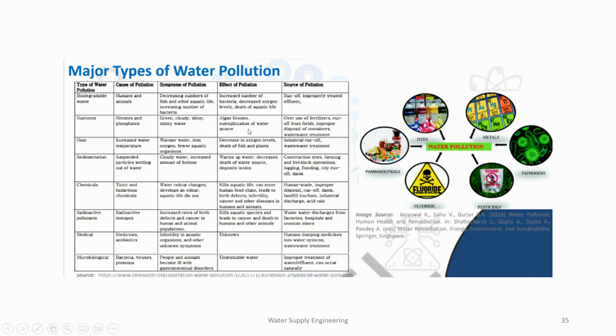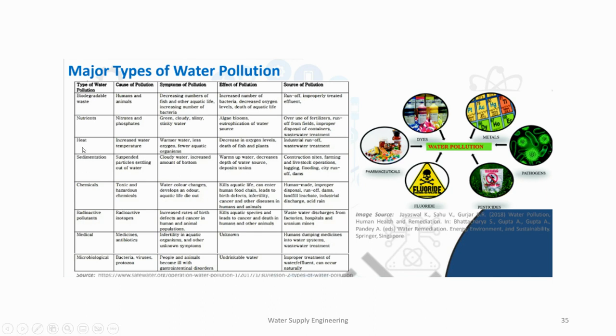This will lead to the growth of algae blooms, leading to eutrophication of the water source. As we saw earlier, this is primarily due to the overuse of fertilizers or over irrigation, which may lead to heavy runoff, and also due to improper disposal of containers having these fertilizers, etc.